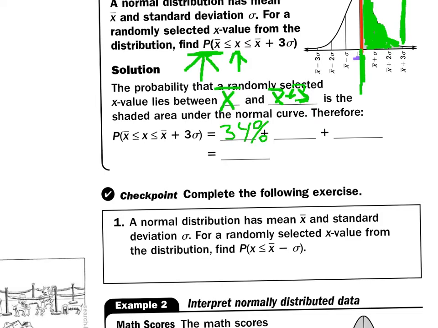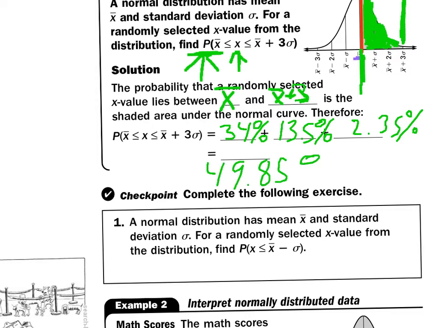And the second area was 13.5. Now these are numbers you have to memorize for the test. So you have to have memorized that chart on the previous table. And the third area is 2.35%. And if I add all of those percentages up, I get 49.85% total. That's the percentage of the parts that are in between those two areas. Okay.